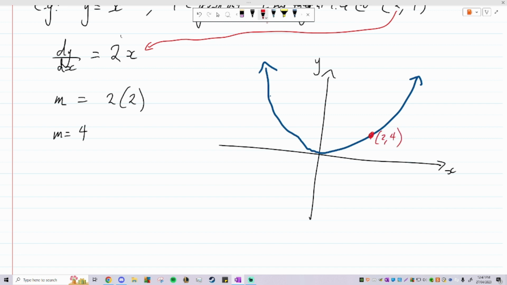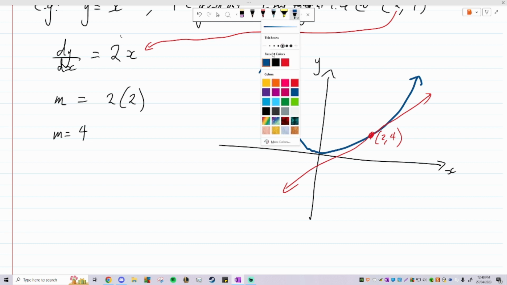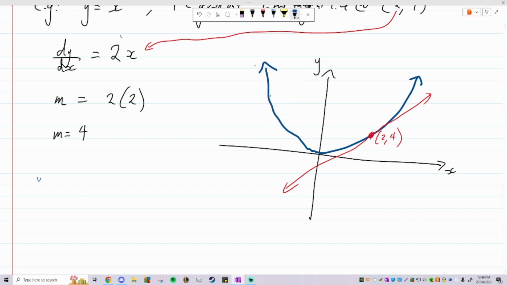Now remember, the tangent to a curve is always a straight line. It's a straight line going through that point, or more specifically, touching that point exactly once. So if it's a straight line, think about what the equation of a straight line is. Well, of course, the equation of a straight line is y equals mx plus c.